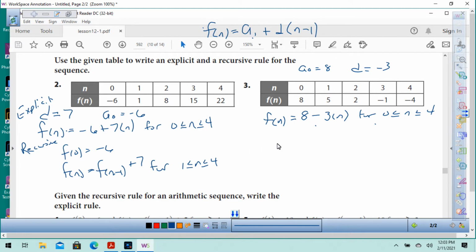The recursive rule, we got f of 0 equals 8, and f of n equals f of n minus 1 minus 3, for 1 is less than or equal to n is less than or equal to 4.